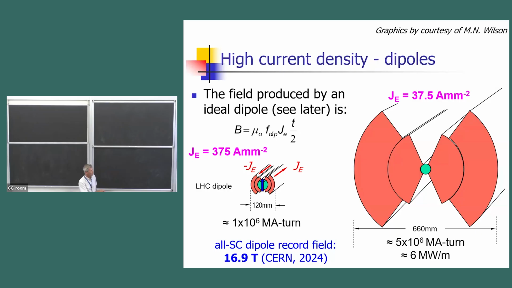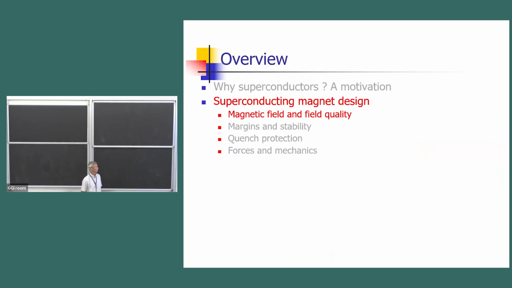And instead of only having the cryogenic consumption, you would have something like 6 megawatt per meter, okay? So imagine if you want to build an LHC out of that, you would have a couple of nuclear power plants running the machine. So it's not feasible. And actually using this technology, the maximum field reached in dipoles is 16.9 Tesla, okay? And now you start having orders of magnitude already.